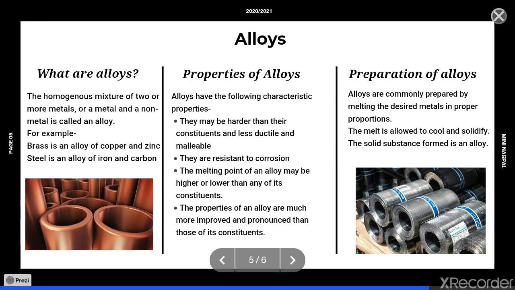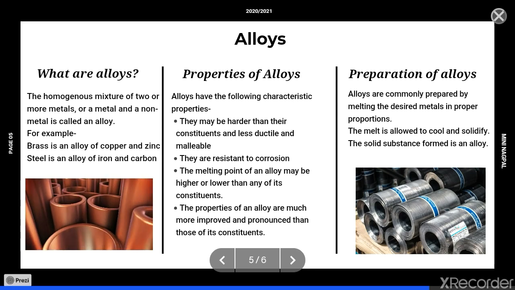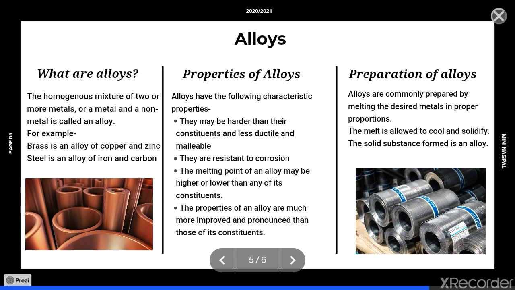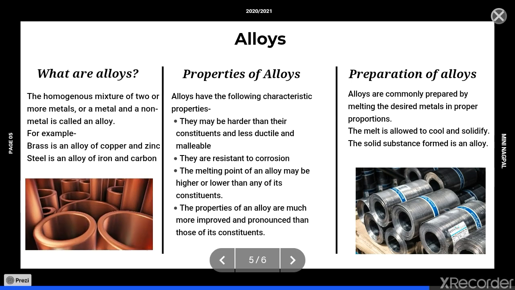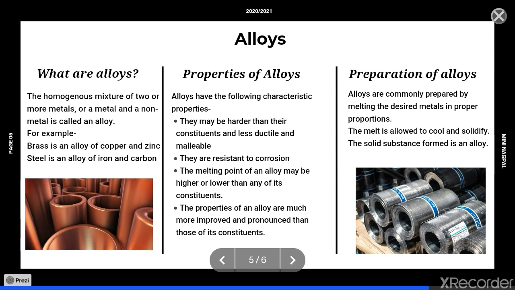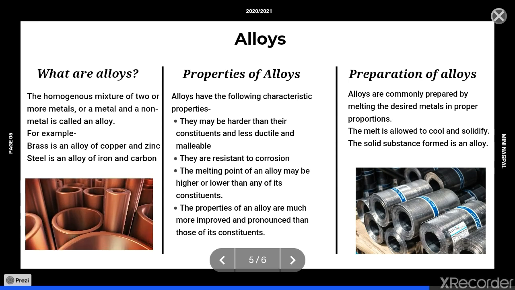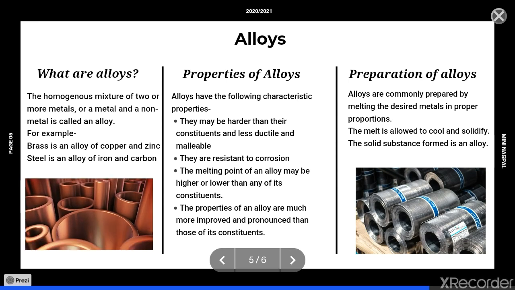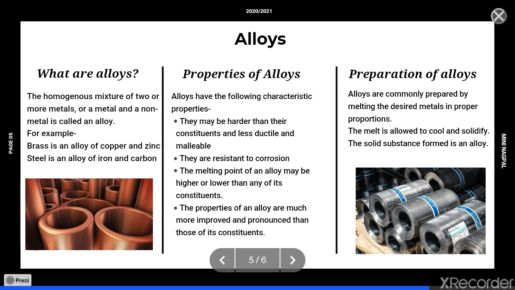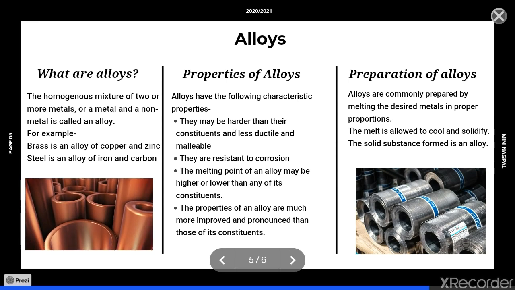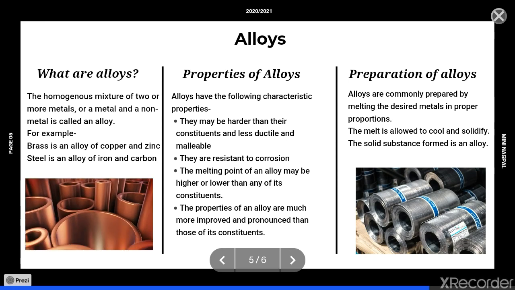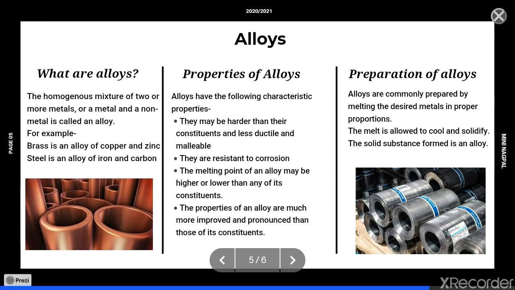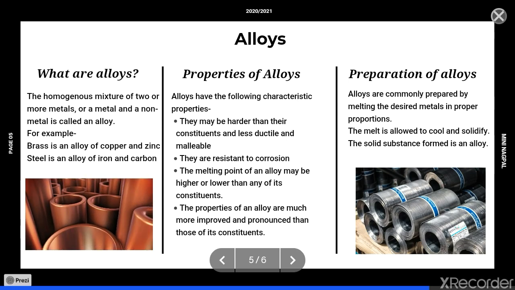You cannot use it for making any ornaments. This has to be alloyed with either copper or silver. Then it becomes hard, and then the ornaments can be made. Generally, we have ornaments of 22 carats, and we do not have ornaments of 24 carats. So alloying gold is helping to improve its property. That means it is giving it hardness.